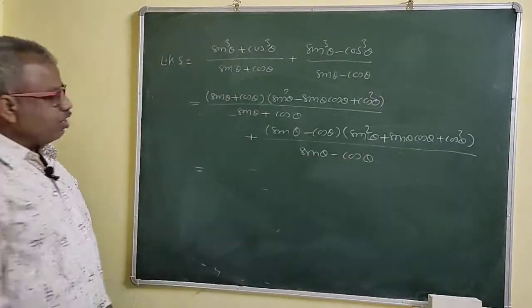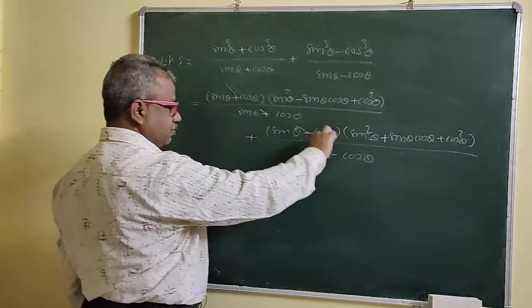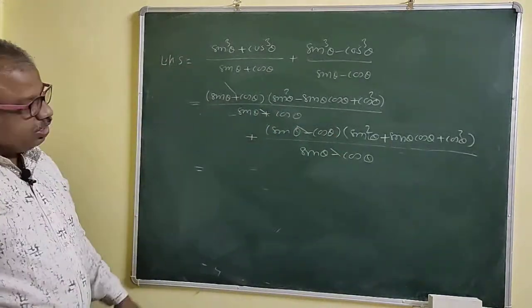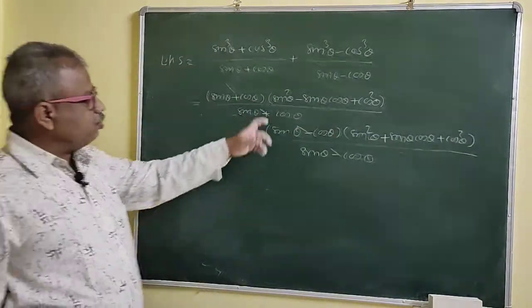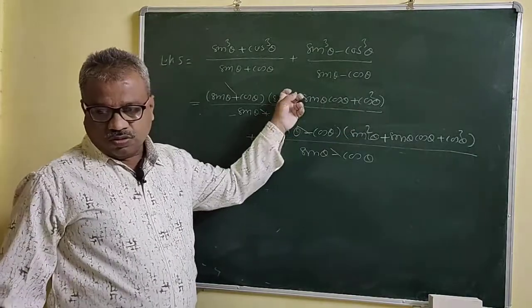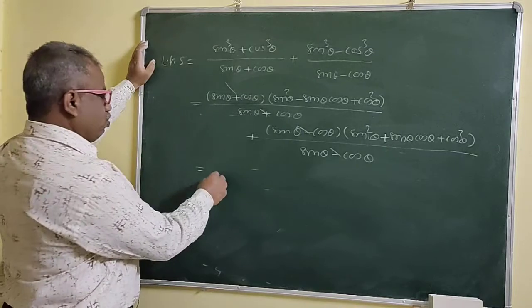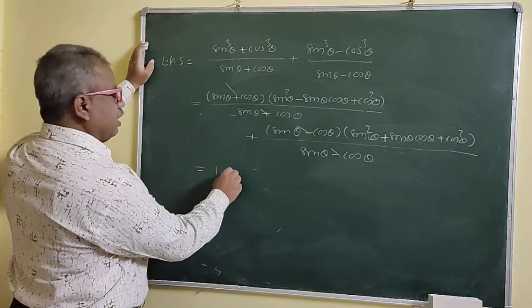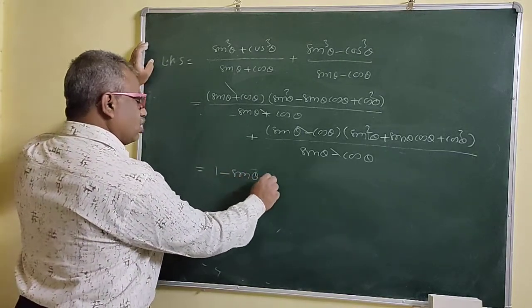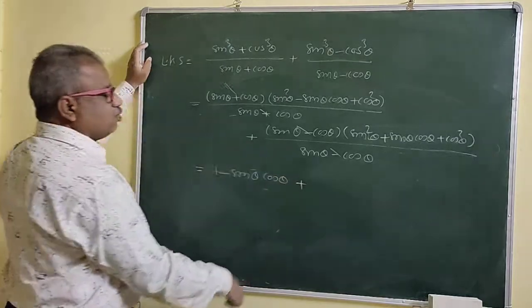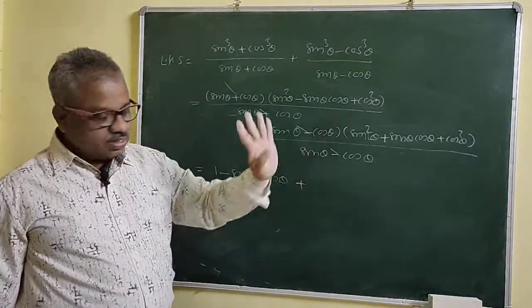Okay, now your denominator gets cancelled. Only numerators remain. Now see, numerators: cos square theta plus sin square theta is 1. So in the first term your numerator is 1 minus sin theta cos theta. The middle sign is plus now, so no problem here. Take the numerator as it is now.